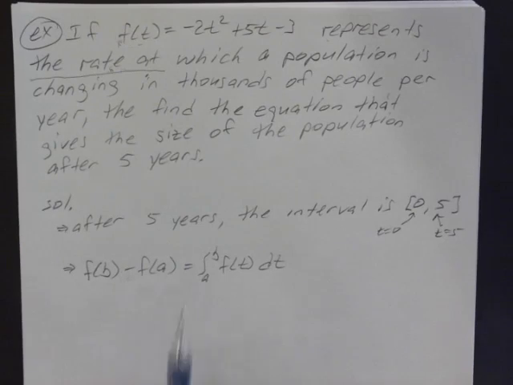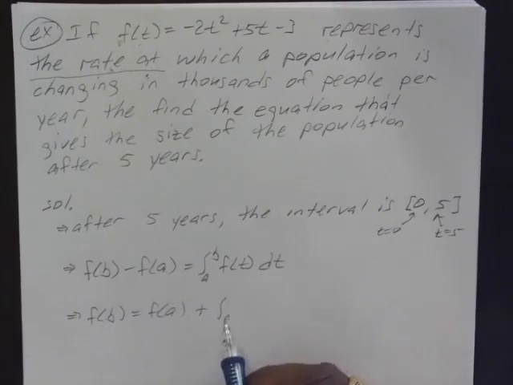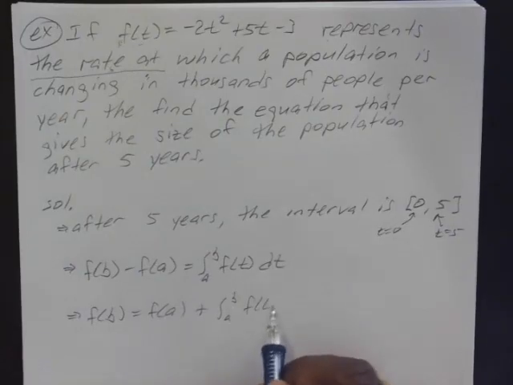Okay, so if we add f of a to both sides, we have f of b is equal to f of a plus the integral from a to b of f of t with respect to t.